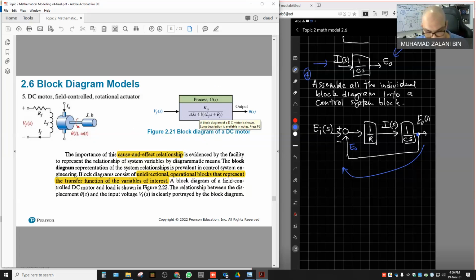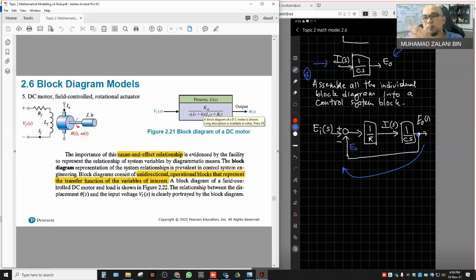some of the components here, as you can see, which is this term L_f s plus R_f is the field variable, the magnetic field variable, which is related to the inductance and resistance there. And also this term Js plus B is related to the load. B is the friction.